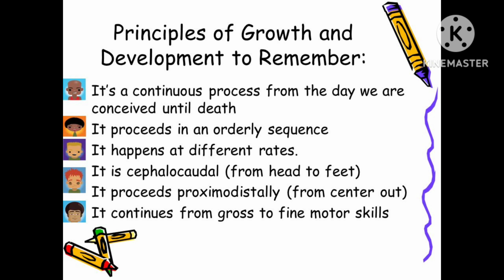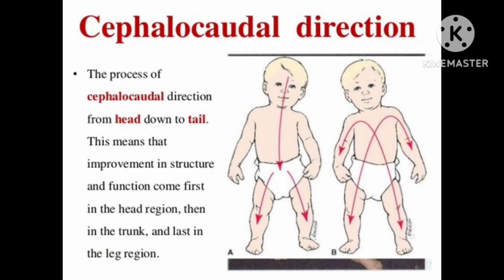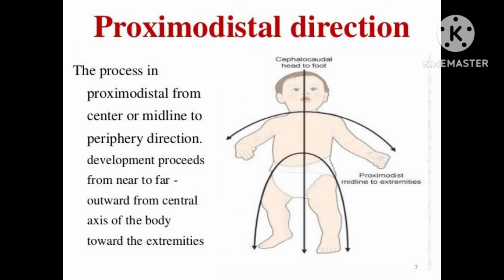Next is proximal distal. The proximal distal direction is where growth and development takes place from the midline to the periphery. For example, when the baby is developing, the baby always holds things with the palm of the hand and not with the fingers.